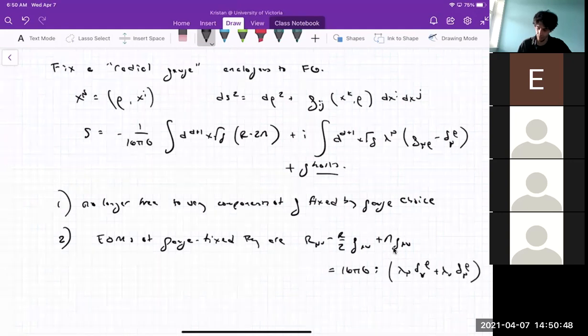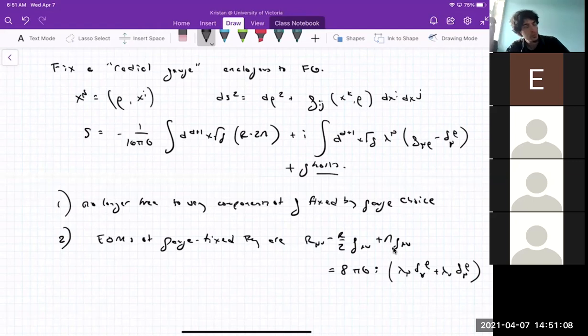Oh, and maybe this is an 8 or something, but you get a right-hand side due to the auxiliary field. You get an effective stress tensor. And normally, we just consider configurations where the right-hand side is 0, the auxiliary field is just 0.